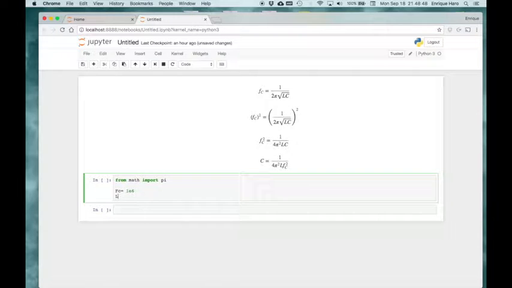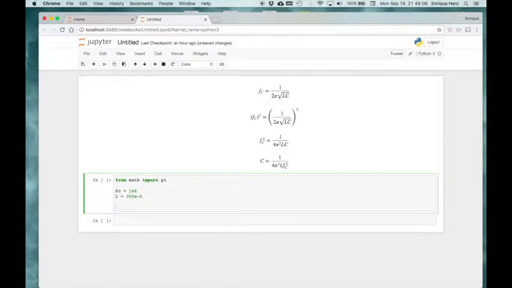Now the inductor is equal to 300 microhenry, which is e to the negative 6. What else do we have? That's it.